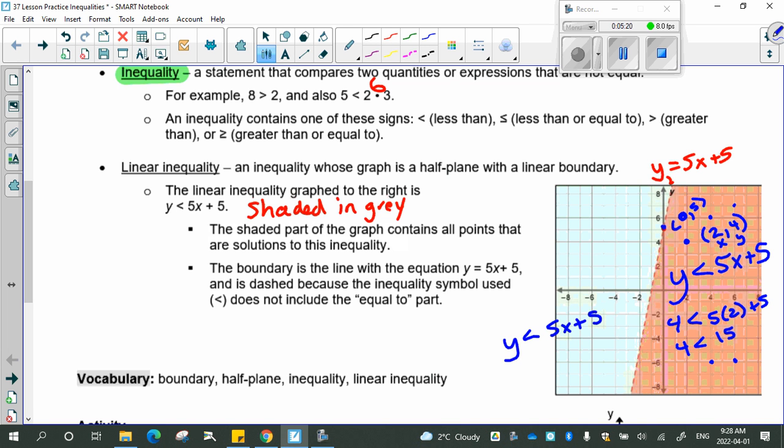Let's check. 5 is less than 5 times 0 plus 5. They're equal. So see how this is dashed? A dashed line shows the boundary points aren't included.